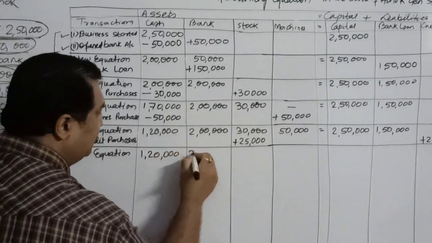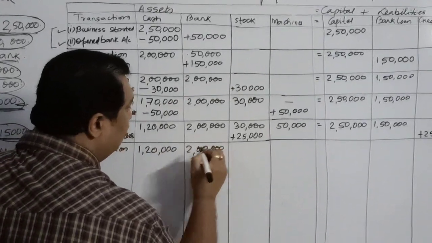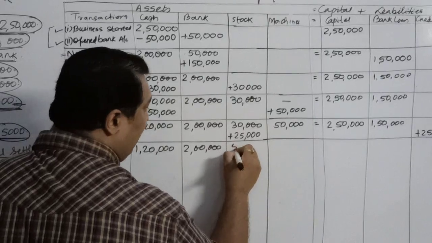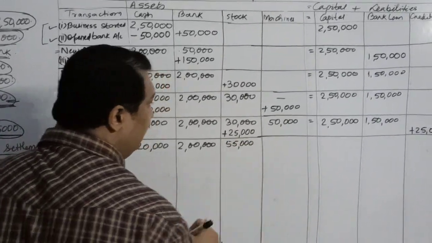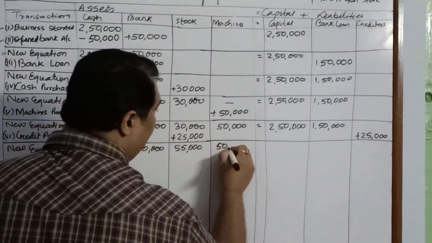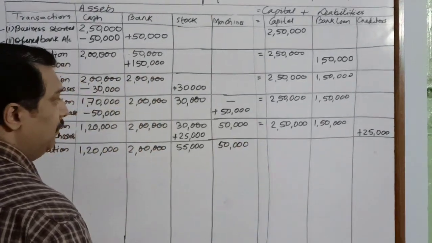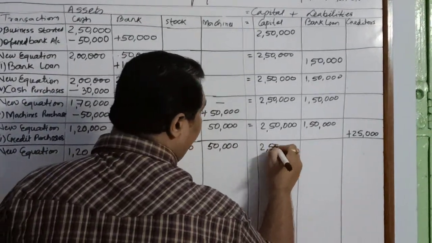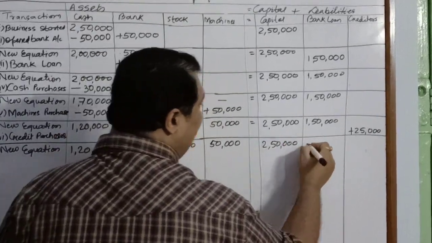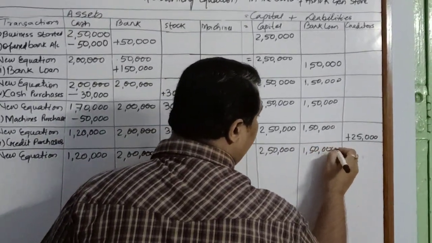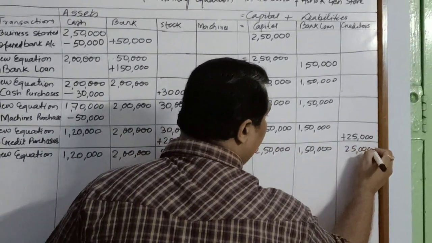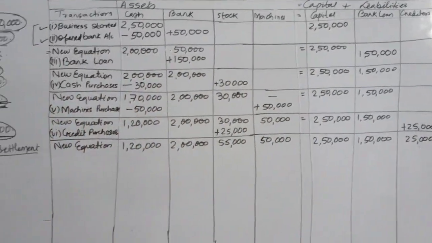No change in cash. No change in bank. Over here stock has become 55,000. Machines are still 50,000. Capital 2,50,000. Bank loan 1,50,000, no change, and creditors have increased by 25,000.